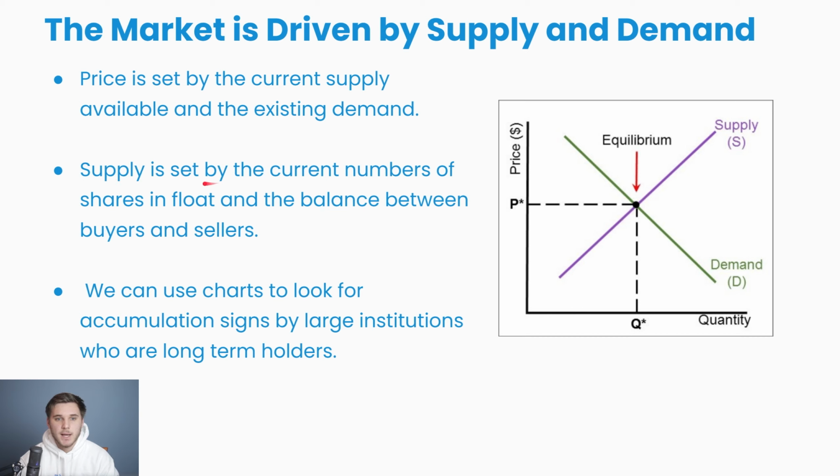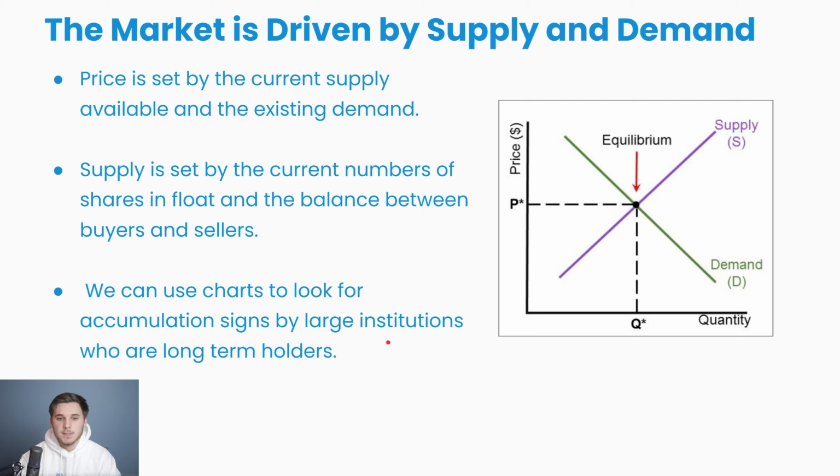And then down here, supply is set by the current number of shares in float and the balance between the buying pressure and the selling pressure to find and set this equilibrium price, which then becomes the price that you see on the stock charts oscillating back and forth. And what's important to remember here is that we can use charts to look for accumulation signs by large institutions who are long-term holders.